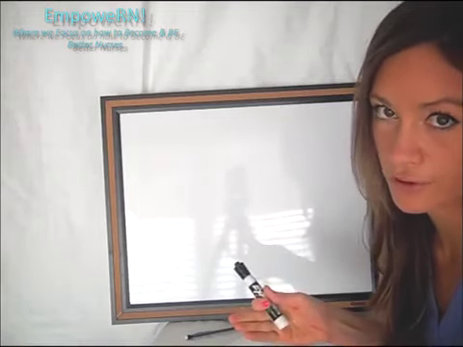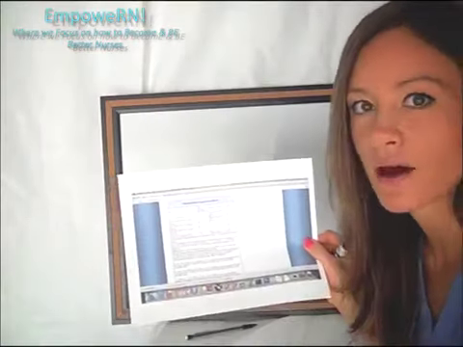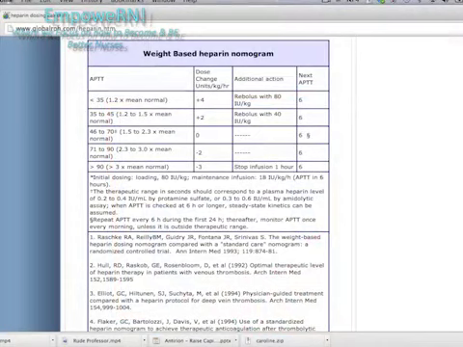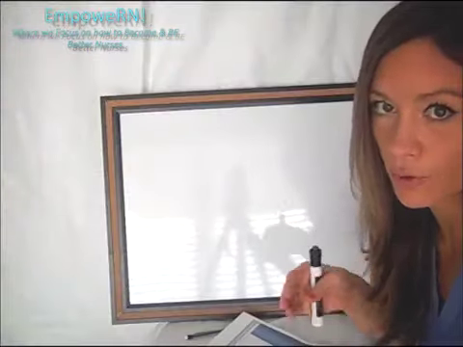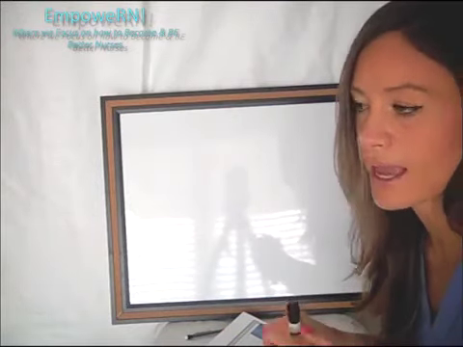So let's say our doctor ordered a heparin drip. Now we get a protocol from pharmacy. I printed this out for my reference, but I found a website that has a sample heparin drip protocol, and I'm going to put the link below so you can see what it's like.